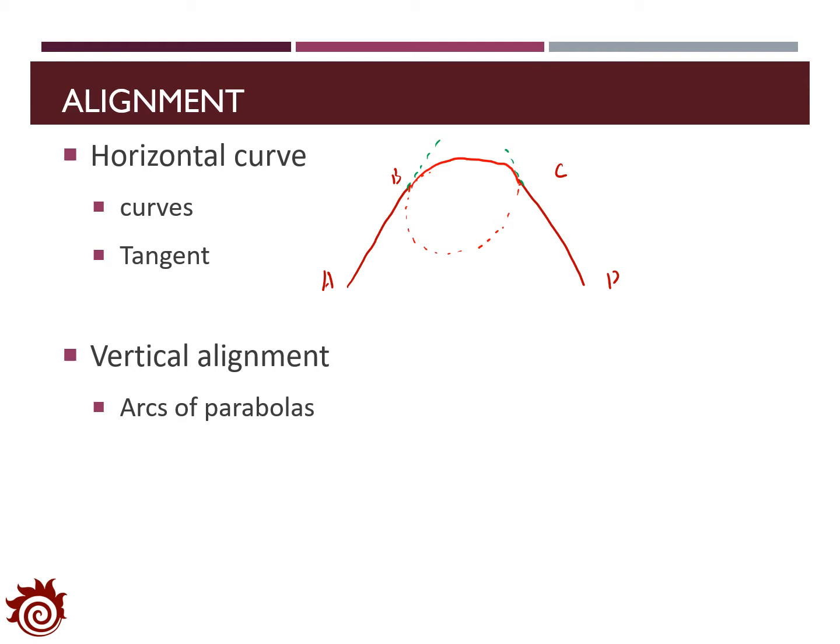The purpose of the vertical alignment is trying to find out a smooth connection for two segments, say that EF to FG, with different degrees, S1 and S2. In the vertical alignment, we will introduce the arcs of the parabolas to connect these two segments smoothly.